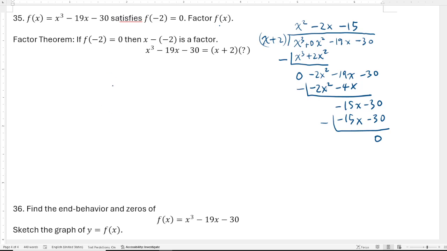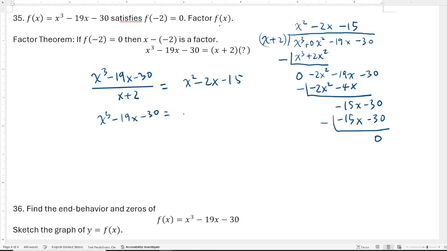And this means when you divide x cubed minus 19x minus 30 by x plus 2, it's going to give you x squared minus 2x minus 15. And therefore, x cubed minus 19x minus 30, if you multiply x plus 2 to the other side, you get x plus 2 times x squared minus 2x minus 15.